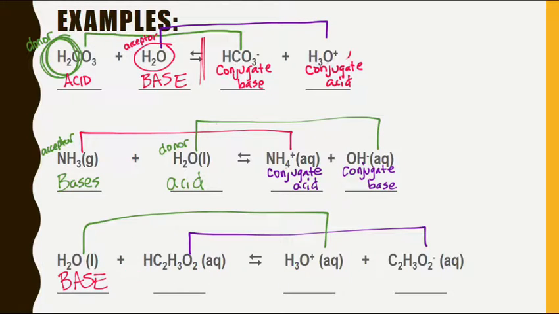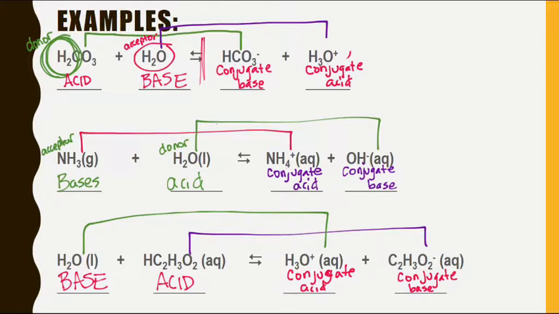So this had an H and it lost it. It gave it up. It donated it. So this is going to be our acid. And now green pair base becomes our conjugate acid. And our acid, purple pair, becomes our conjugate base.